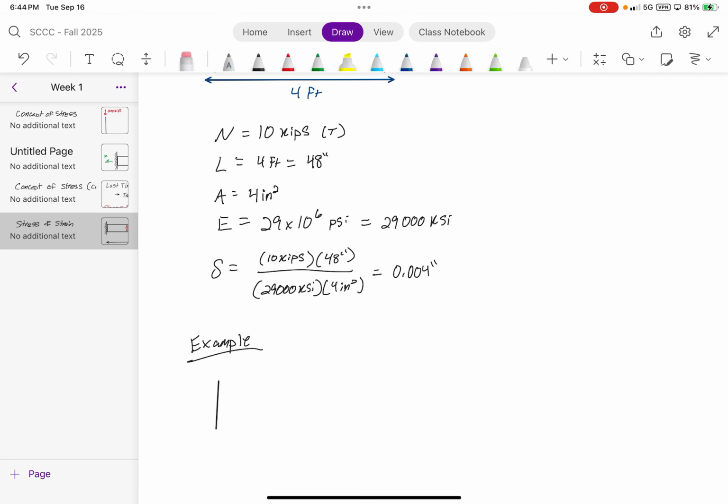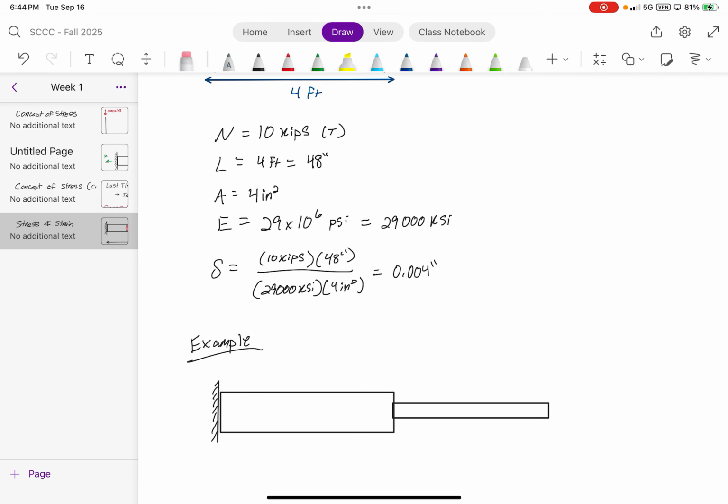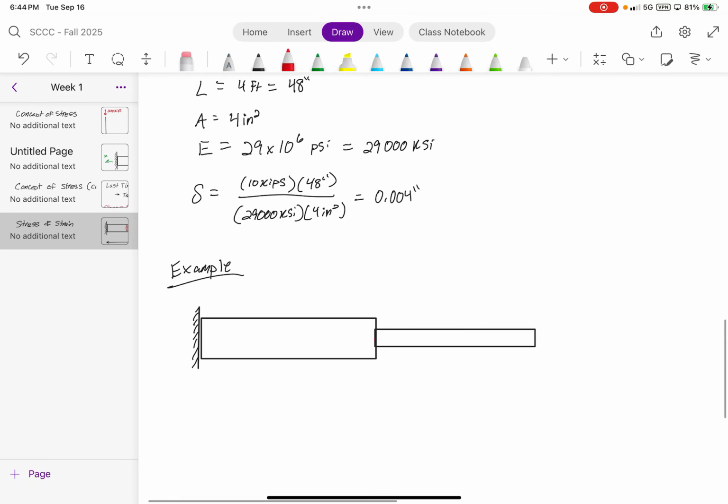But this time, I want it to be a stepped shaft. The force here is going to be 10 kips. The force here is going to be 5 kips.